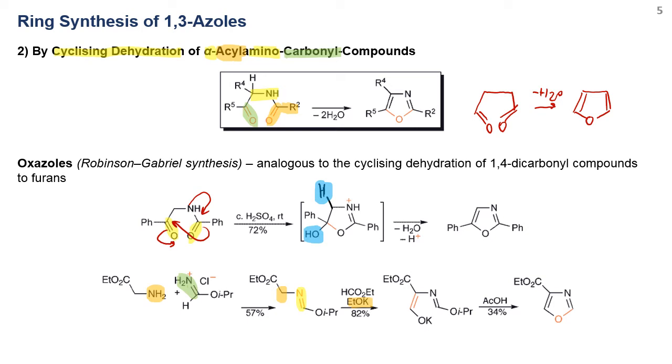Now this can attack the ester group in order to form the enol. And this enol can act as a nucleophile to attack the imine group that contains the leaving group here. So attack here, out here, and kick out the leaving group. So at the end, you are going to form the oxazole from the reaction.